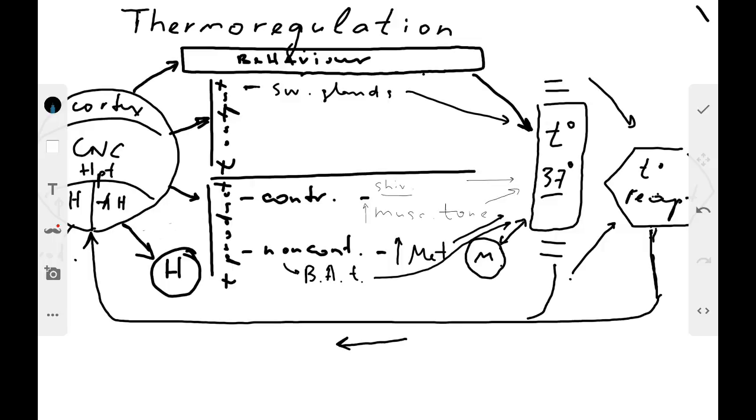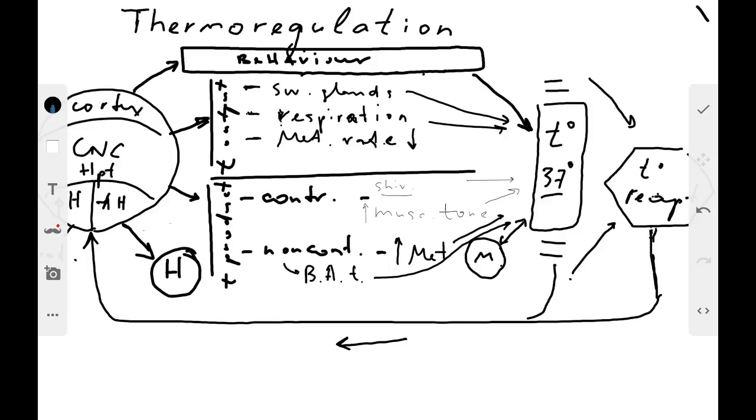Also, evaporation may be realized by respiration. So respiration is increased, and it is also a type of thermal output. Also, the metabolic rate changes to increase thermal output: it increases or decreases depending on the temperature.